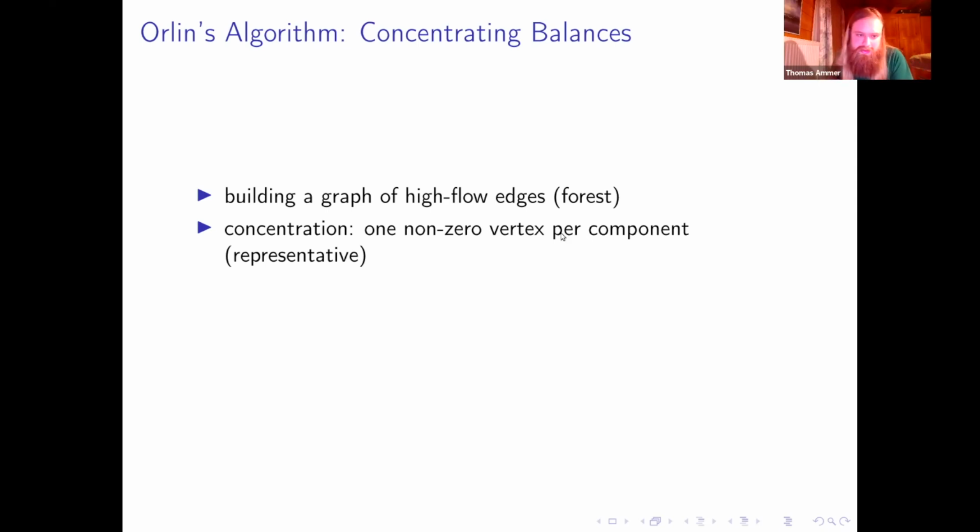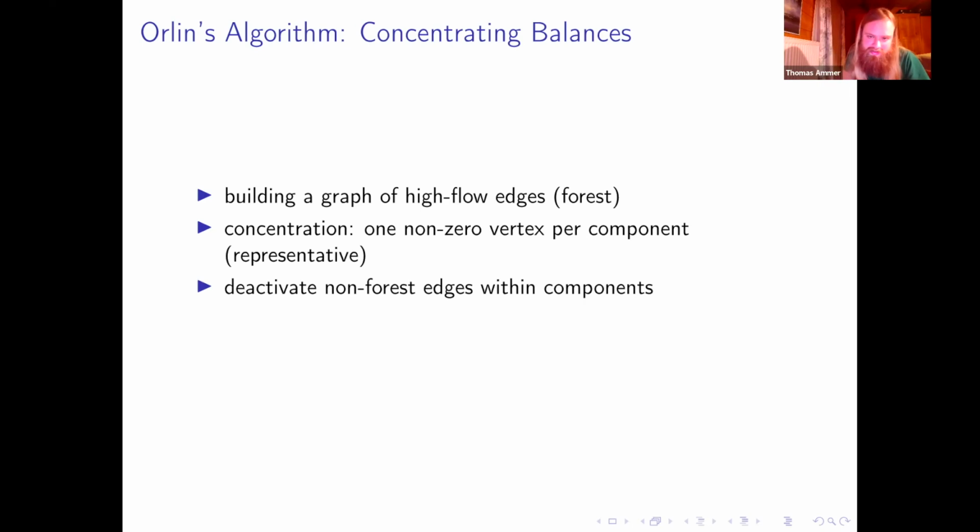Each forest component has its own representative, and only representatives are allowed to have non-zero balance. The intuition behind that is to contract edges that carry a high amount of flow and to identify the respective endpoints. And that would mean certain edges disappear, but we do not want to perform this contraction explicitly.